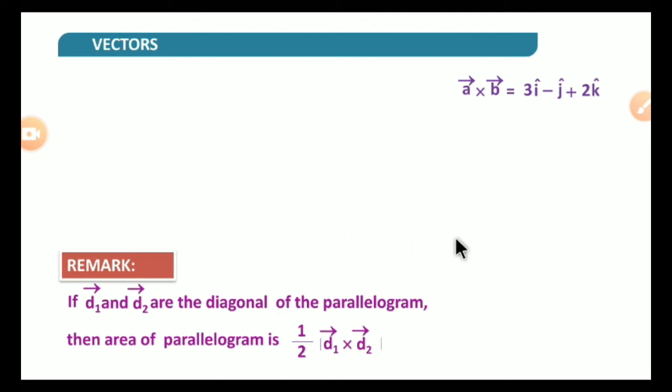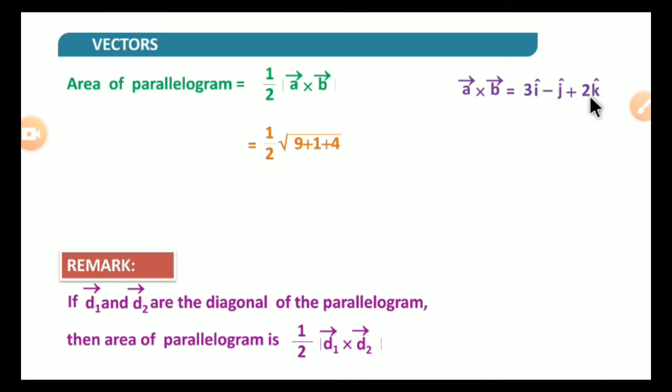So let us find the area of the parallelogram, which is equal to 1 by 2 into the magnitude of A cross B. Therefore, 1 by 2 into the magnitude of A cross B is the square root of 9 plus 1 plus 4, because 3 squared is 9, plus minus 1 squared is 1, plus 2 squared is 4.